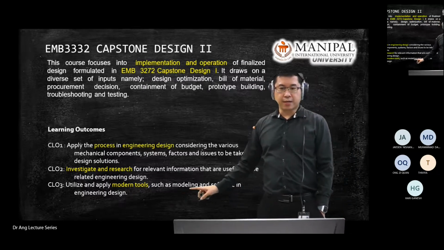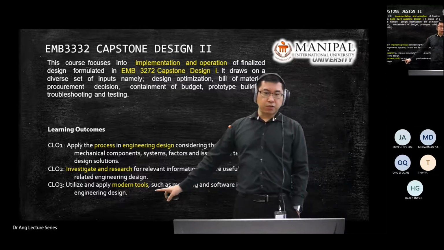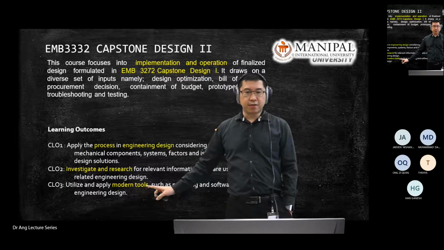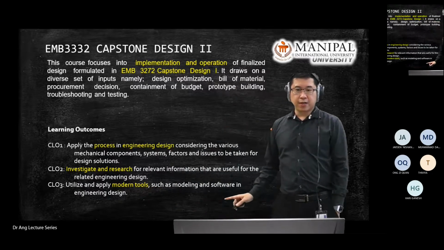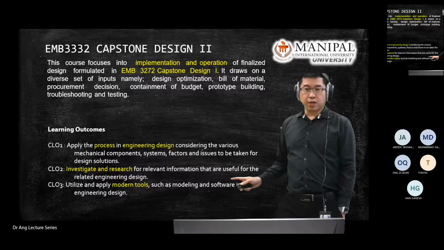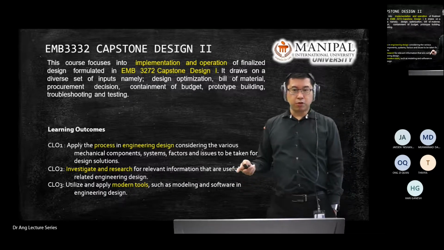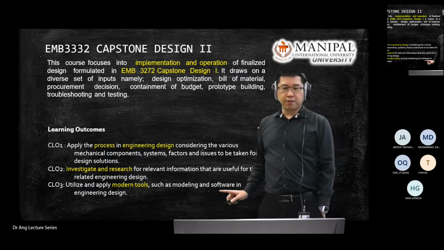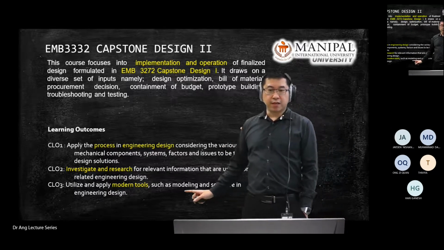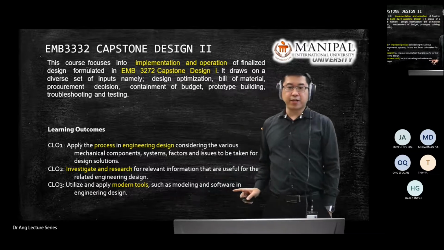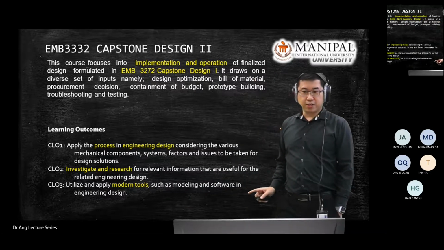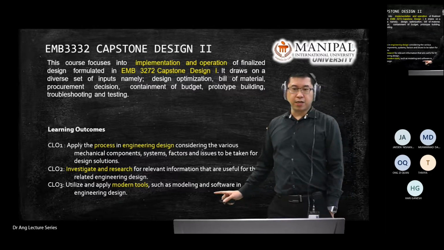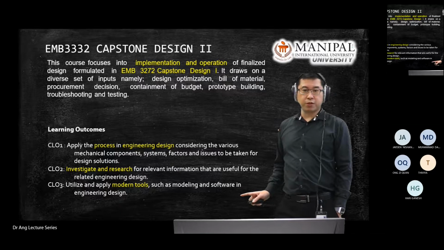If you're using CATIA for your design, make sure you know the latest functions of the latest software. Because later on, when you go to work, I assume most of you are in your last semester, and you tell your employer the version of software you use, if the version that you use is outdated, then you might lose the advantage compared to other candidates, or your friends who interview for the same job.